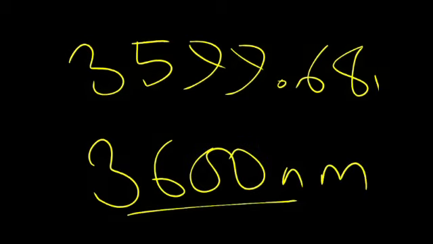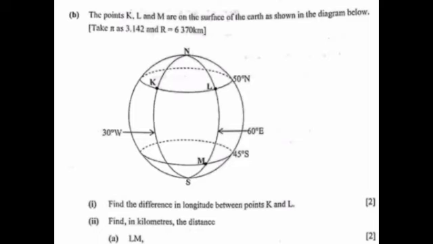Let's try and see if we can try a question from the past paper. Okay, the question here is saying the points K, L, and M are on the surface of the Earth as shown in the diagram below.